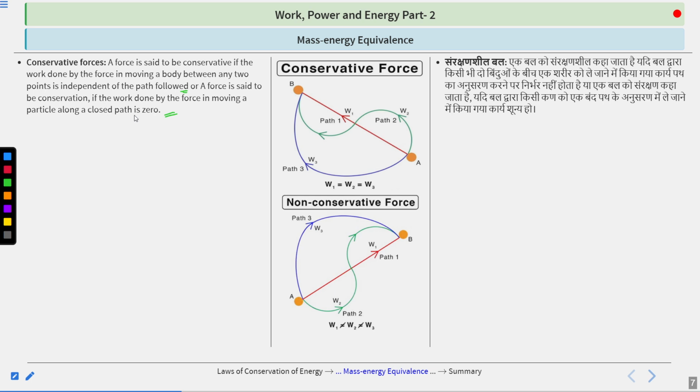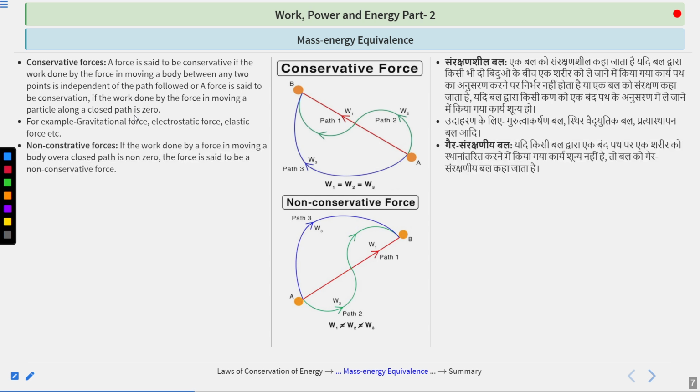In these two conditions, it is known as a conservative force. For example, the gravitational force, the electrostatic force, the elastic force. These forces are conservative. Why? Because they are independent of the path followed, and the work done in moving a particle along a closed path is zero.